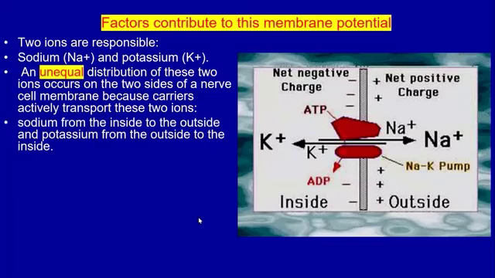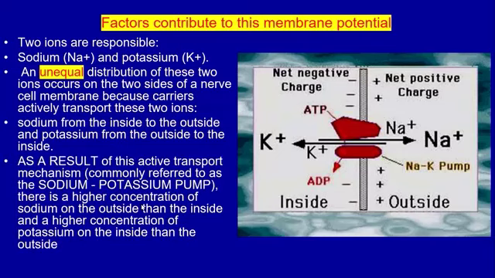As a result of the active transport mechanism commonly referred to as the sodium-potassium pump, there is a higher concentration of sodium on the outside than the inside, and a higher concentration of potassium on the inside than the outside.